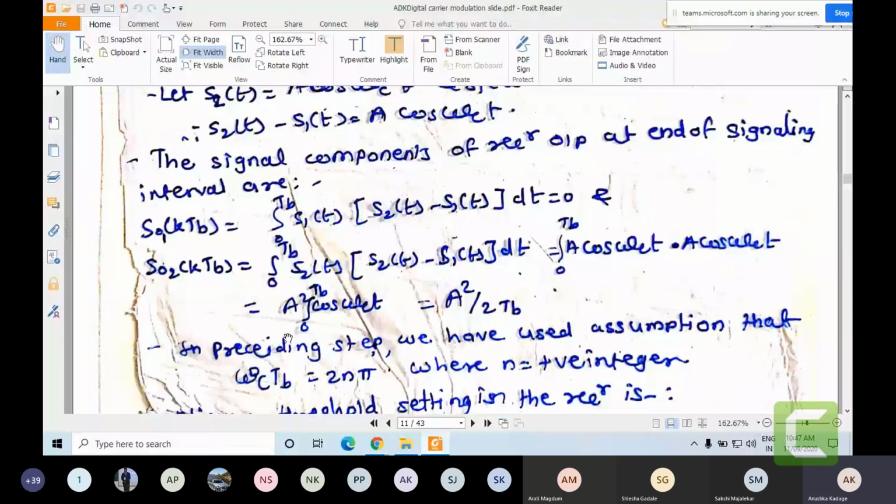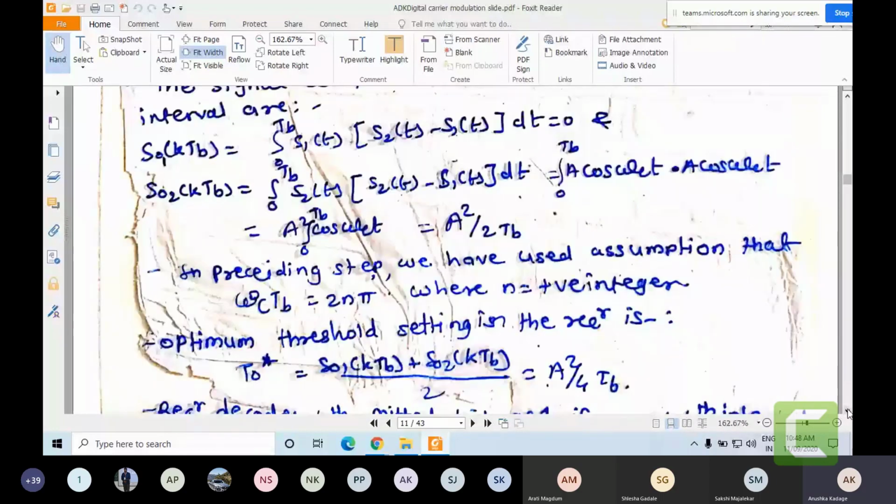But A square is constant, so we are taking that outside, and this cos square omega c t we have integrated with respect to the limits 0 to Tb, and after carrying out that integration and substituting the limits of 0 and Tb, finally we get this answer for the output as A square divided by 2 Tb. So this is some mathematical rearrangement that has been done.